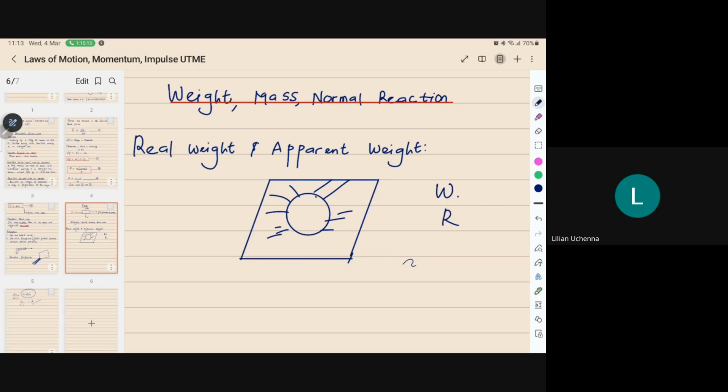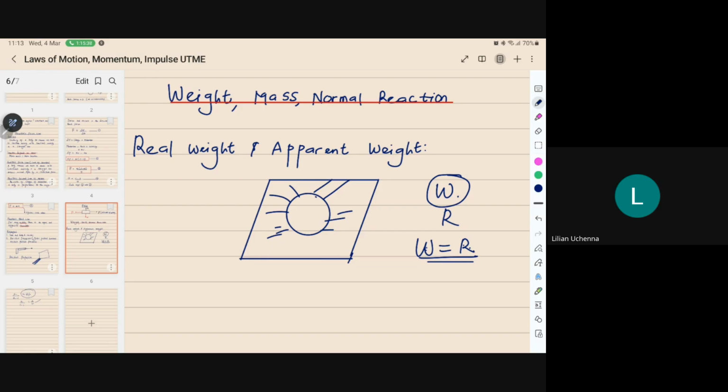You will see that what it is going to record will be equal to your weight, and that W will be equal to R, which means the force you're exerting on the scale will be equal to the force that the scale is exerting on you. Does it make sense? And it records it and gives you your weight. And at that point in time, W becomes equal to R.